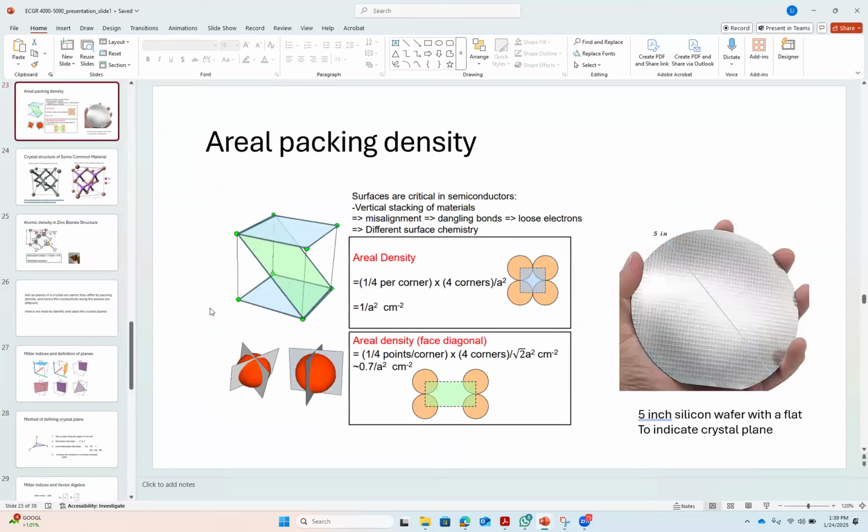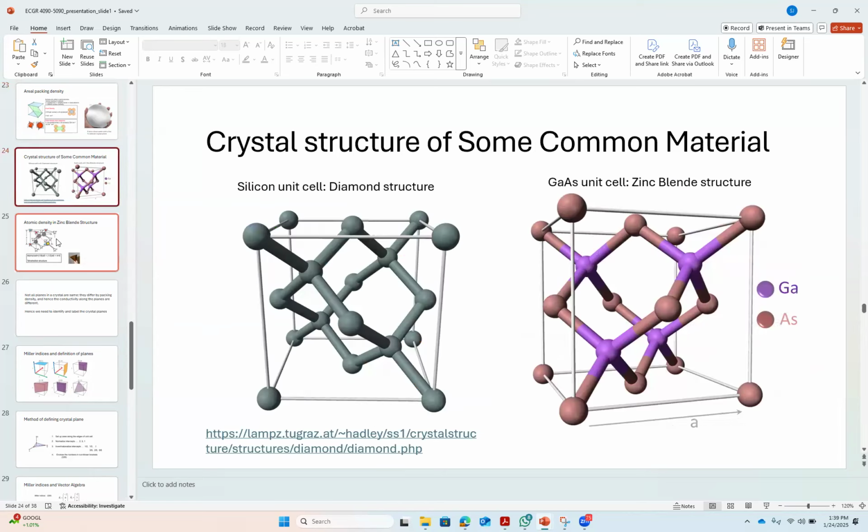For instance, if you look at the plane shown in blue on the left-hand side, and calculate the number of atoms on the blue plane versus the number of atoms on the green plane, you will see that the density of atoms is different because the sizes of those planes are different. So this is why we need to understand how different planes in a crystal have to be defined.